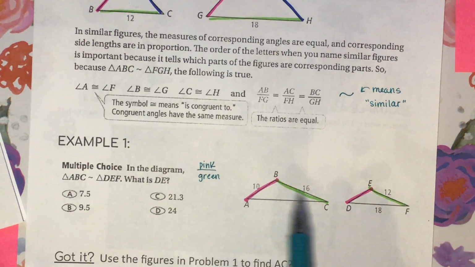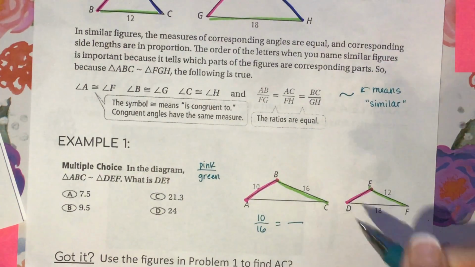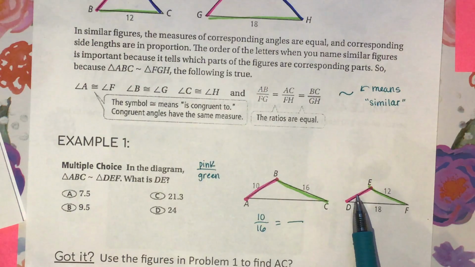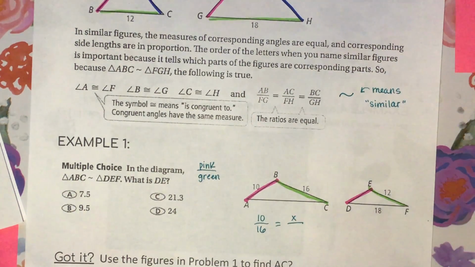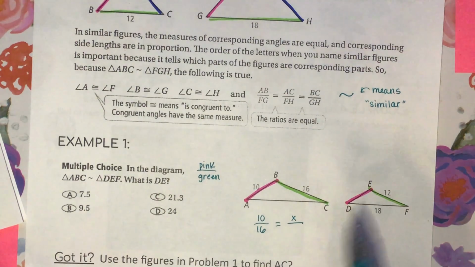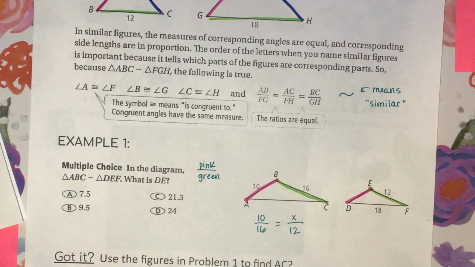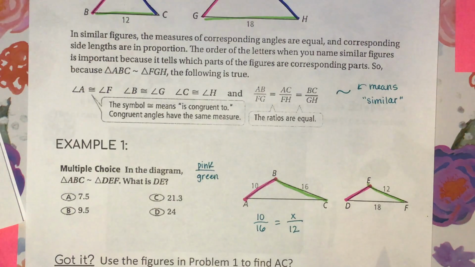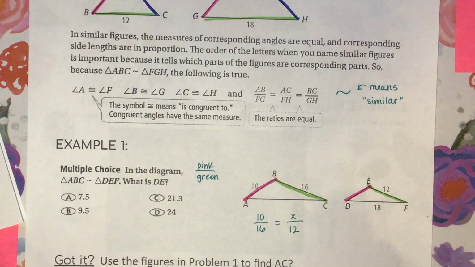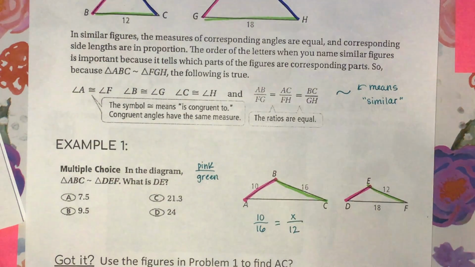So I'm doing 10 over 16 is equal to, I don't know what this one is, but it's pink, so it's going to have to go on top. I'll just put an x in there for my variable, over green, which is 12. So remember, like I was talking about in our other proportion notes, just stay consistent and you will be fine. So I decided I'm doing pink over green, so I did pink over green, then pink over green.